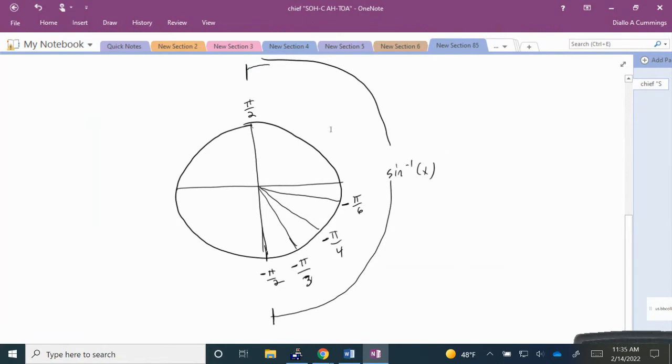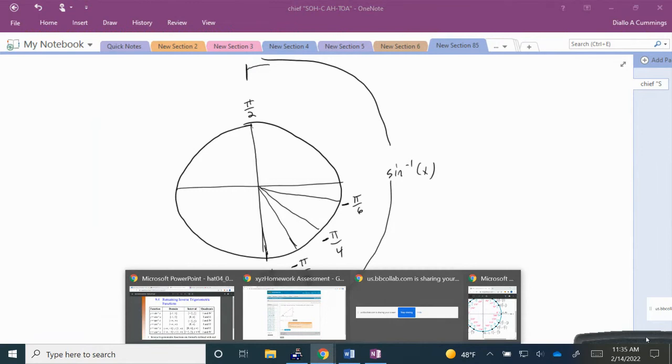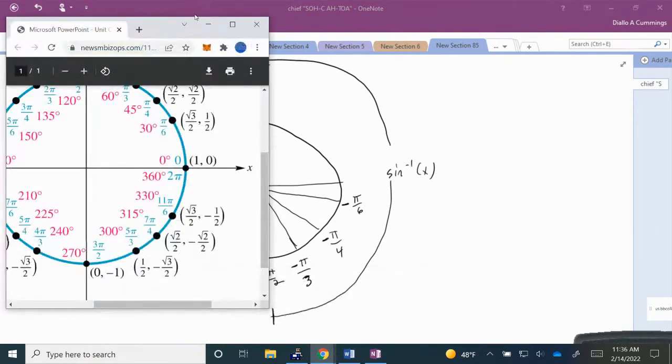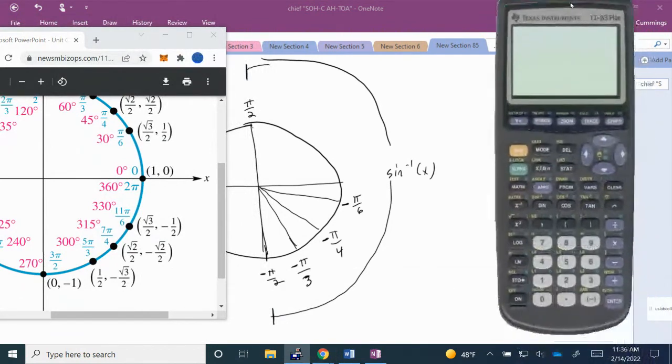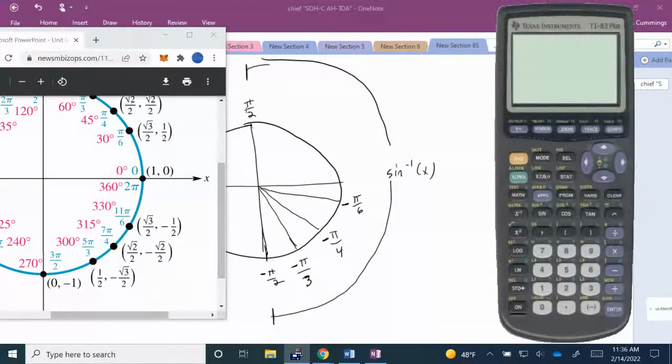So notice when we're finding these arc sine values that are in the fourth quadrant, we must list them out as negative angles, because the arc sine runs from negative pi over 2 to positive pi over 2.